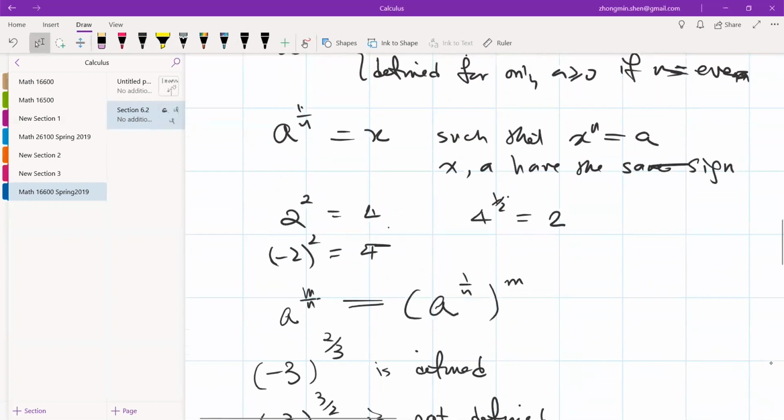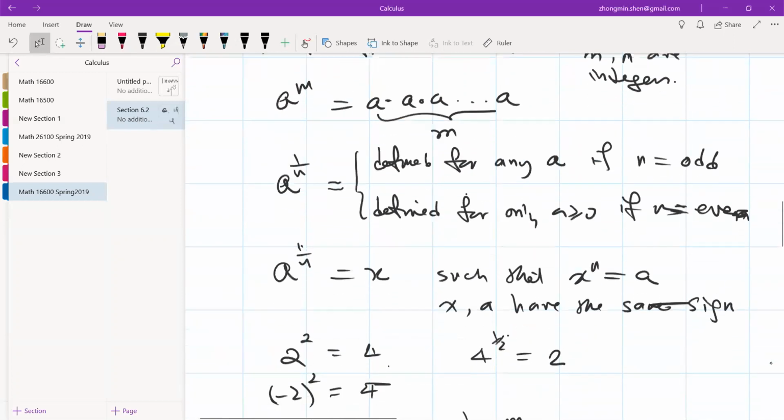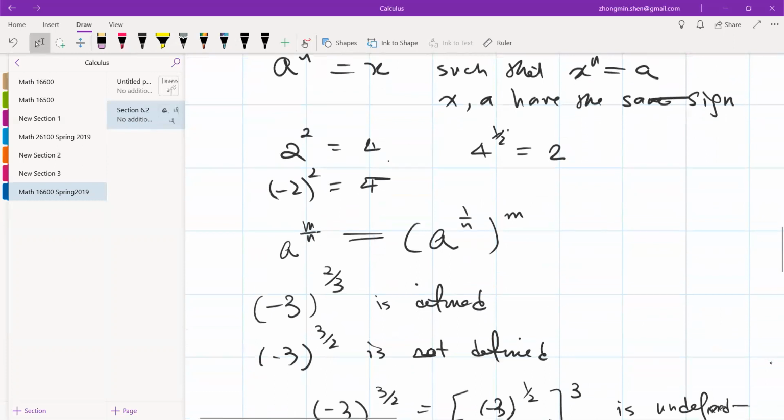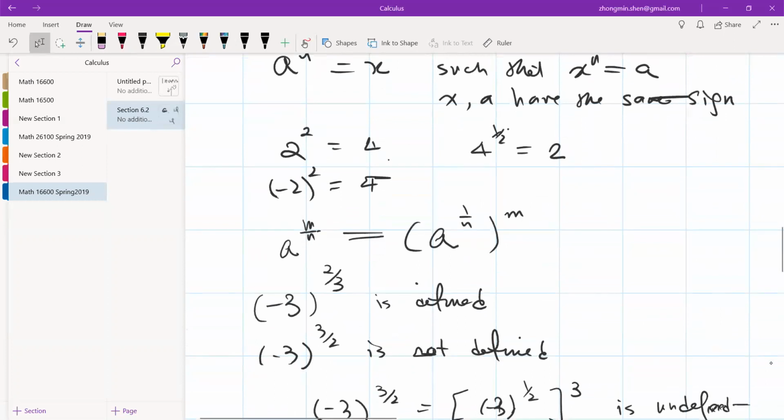So go back, okay? So this is defined to be like that, right? So that means m and n are positive numbers. So what happens if it's negative? Negative is defined to be this. Okay. Here m and n are positive integers.